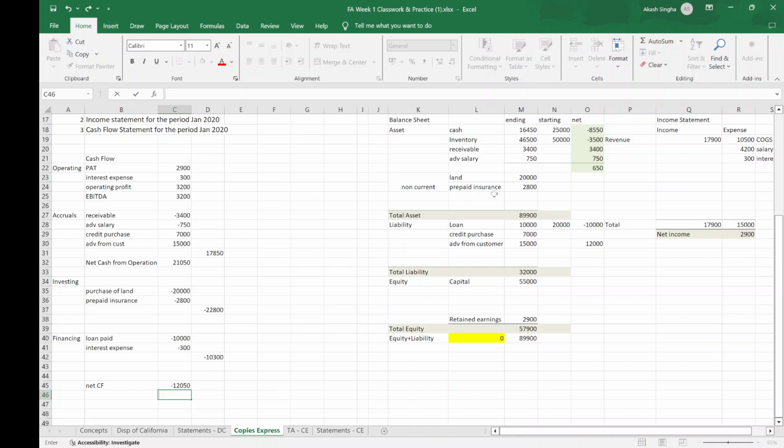Net cash flow should be minus 8550, but it's coming out around this way.